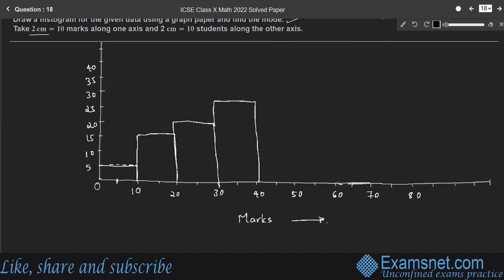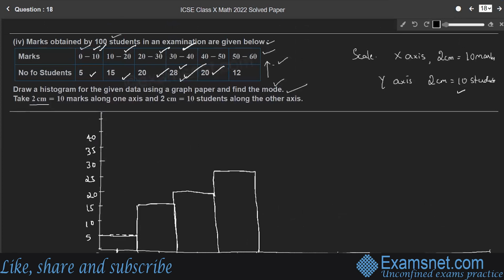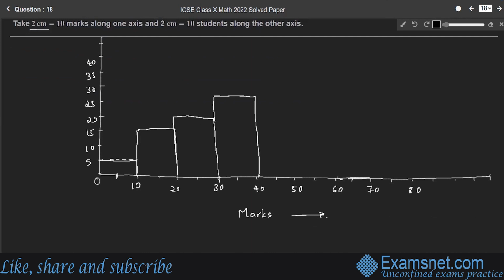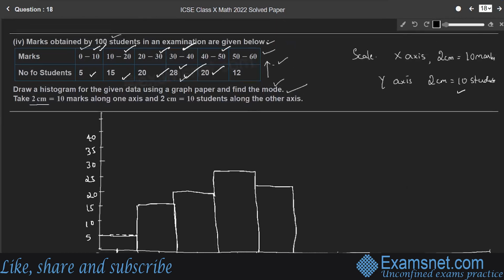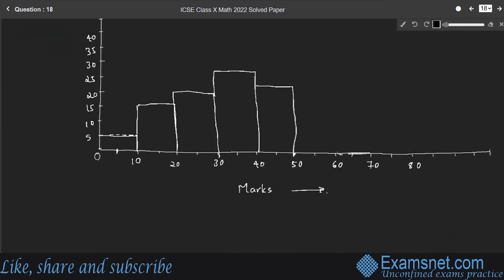And 20 students obtained marks in the range 40 to 50, whereas 12 students obtained marks in the range 50 to 60.